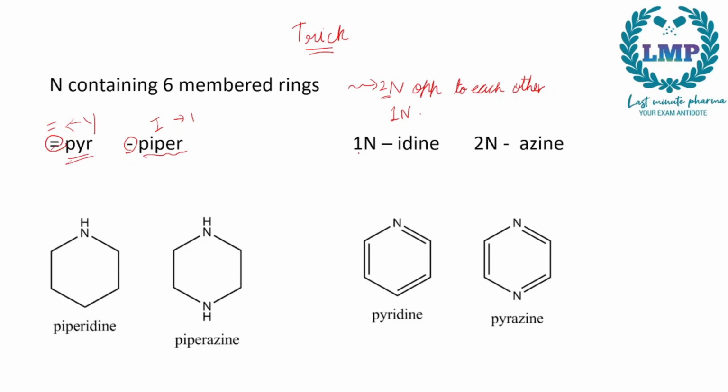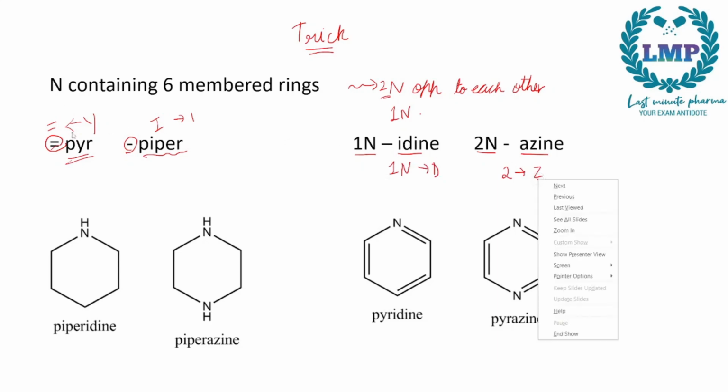Now next, one nitrogen is called idine and two nitrogens will be called azine. So one nitrogen is a D, two nitrogens is a Z. D comes before Z. So pyr, piper along with idine and azine. So piperidine: piper as in it's a single bond, idine as in a single nitrogen.